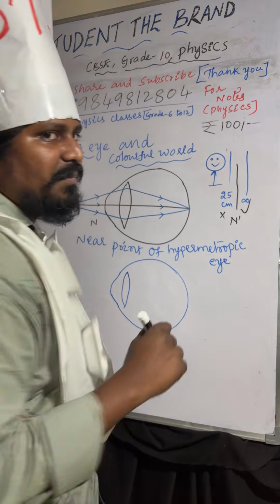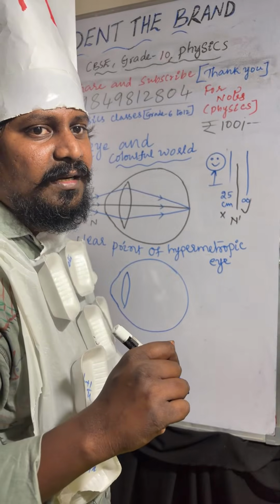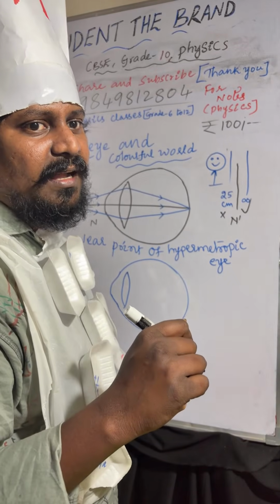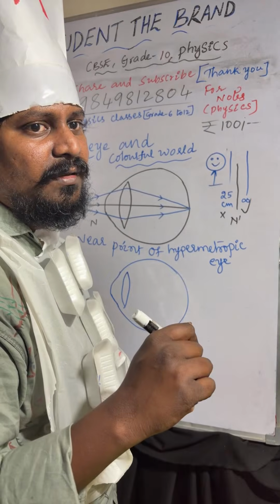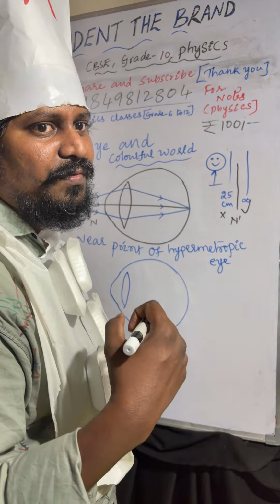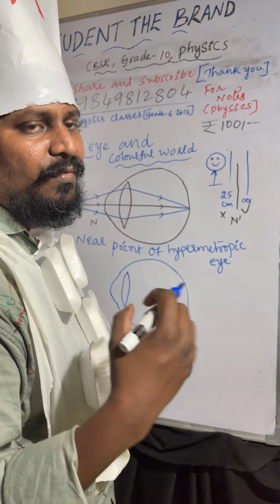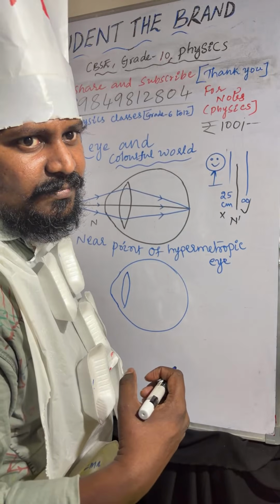If the light rays are coming from 25 centimeter, where will those light rays meet?